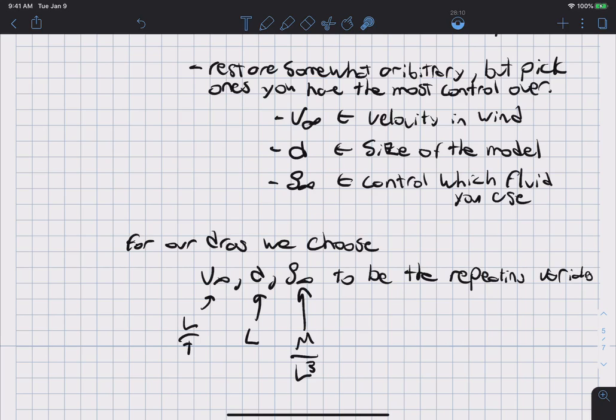And so we have time, we have length, and we have mass. So we have all three of our units between them, and none of these have the same units. And they're not linear combinations of one another. Okay, and so these are all good. So this is a valid set of repeating variables.